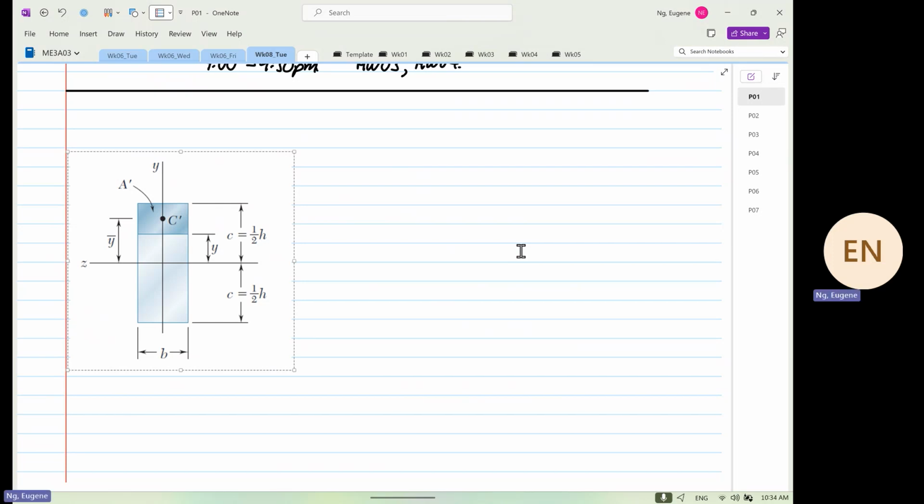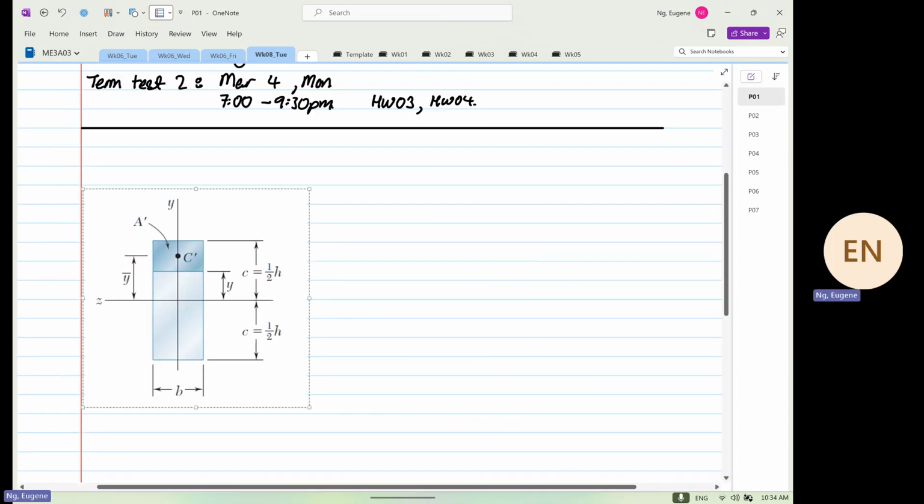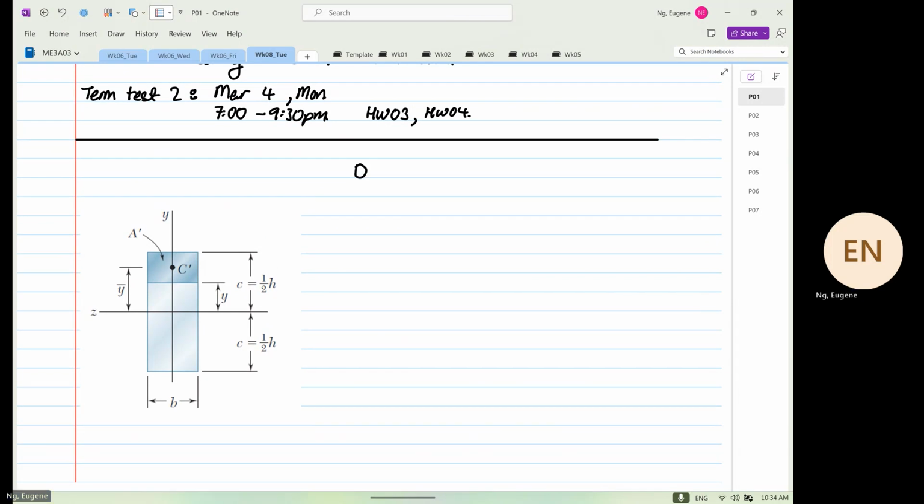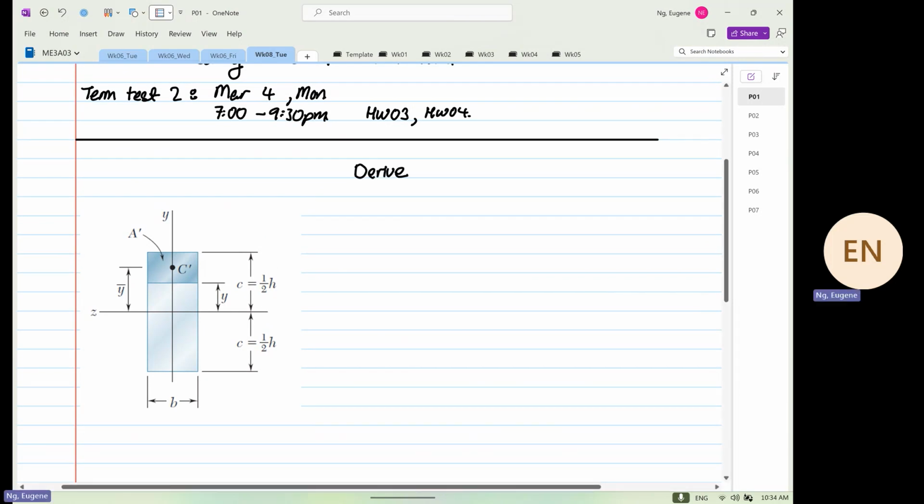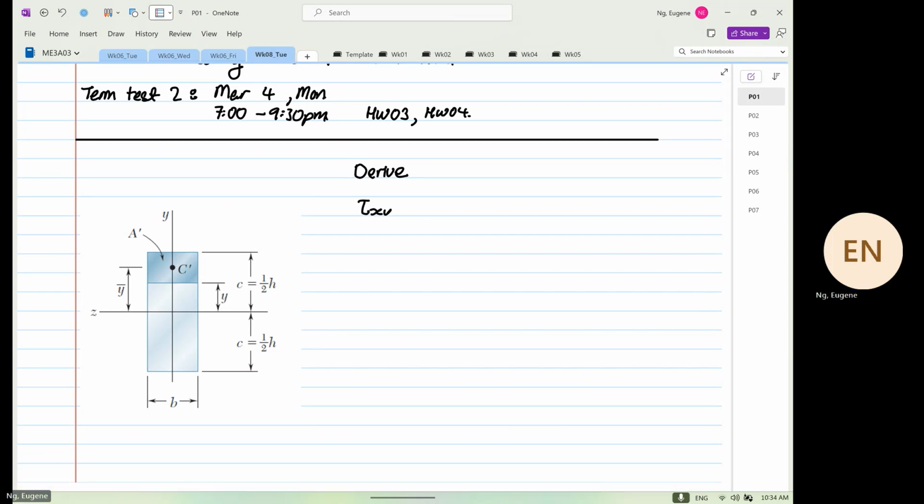So what we're trying to show is we are going to derive the expression where tau xy is equal to 3/2 Vy over A. Okay. And then we have 1 minus y squared over c squared.